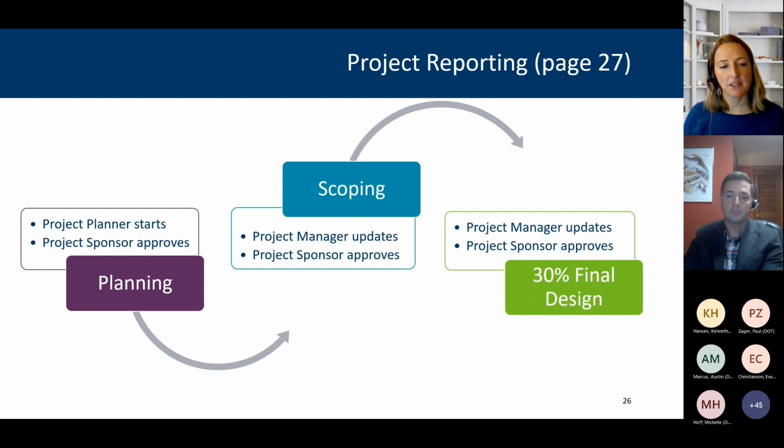And then that goes to the project sponsor for review and approval. Next is project scoping. That's when it's handed over to the project manager. They make the updates at project scoping given the new information that's available. Again, the project sponsor reviews and approves. And then last touch point is at 30% final design, and those responsibilities carry on with the project manager and project sponsor.